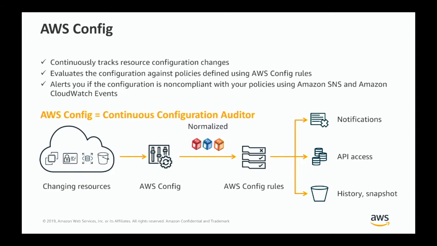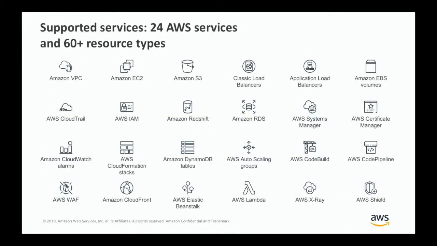Like I said, customers are using it to enforce these policies and to get notifications of that, and we will see in a second again how you can plug InSpec and automate into these pieces. Today, Config supports a bunch of services and resources. Like you can see here, over 24 services and over 60 resource types.